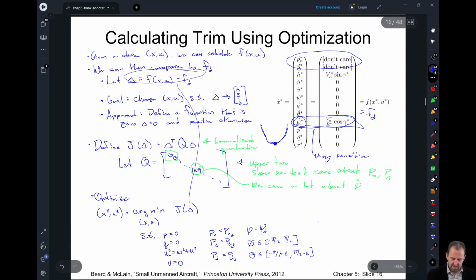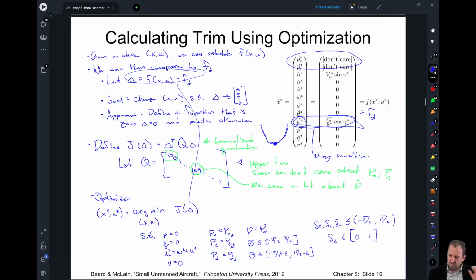We'll also say that our delta E, delta A, and delta R are in the interval negative pi halves to pi halves. And we'll say that our delta T is in the interval 0 to 1.